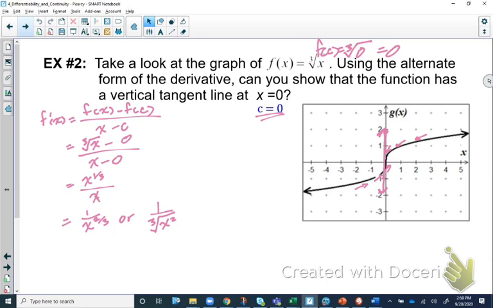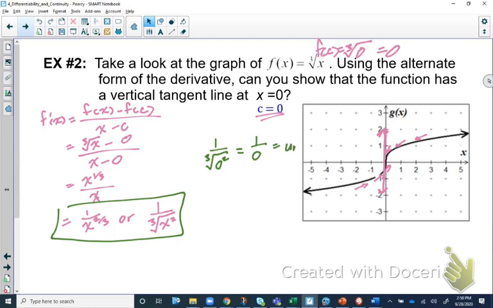Okay, so we did the alternate form of the derivative, and we got these. Okay, so now we plug in 0 for those expressions that we have. And so here I would say 1 over the cube root of 0 squared. Well, the cube root of 0 squared is still 0, so that is showing you that we have a vertical tangent line, something that is undefined when x is equal to 0. So here, let me just go ahead and add this.